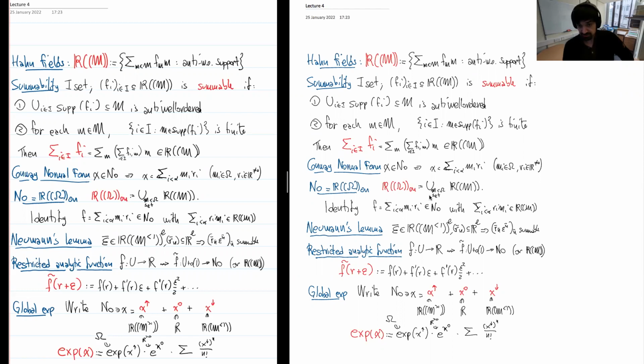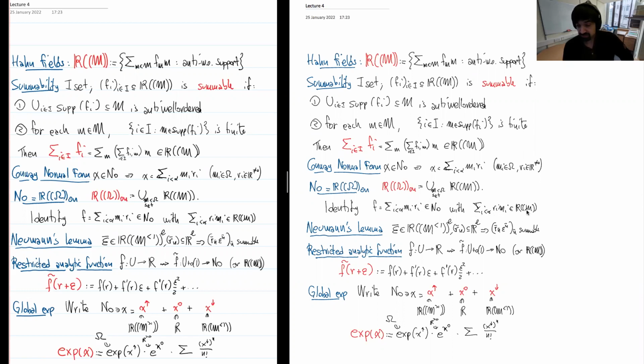The surreals, you can see them as almost a Hahn field, or rather a union of Hahn fields. This is the union of all these Hahn fields of the form R((m)), where the group of monomials m ranges over all the subgroups of omega which are sets. The formal thing that we do is that every time you take a surreal number, you write its Conway normal form, and you can identify this with an element of some Hahn field just by taking this formal sum, and you think of it as the sum of a summable family in the Hahn field.